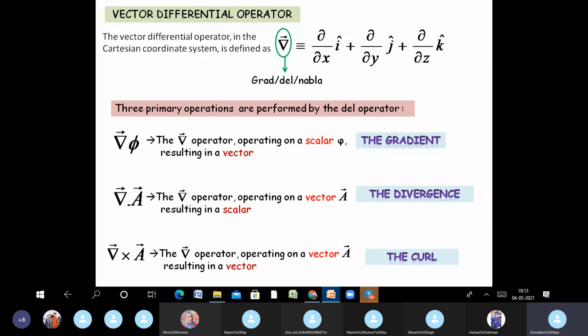One, it can operate on a scalar resulting in a vector called the gradient. On a vector, it can operate in two ways. One, if you take the dot product, you get a scalar, and the result is called the divergence of the vector. And two, you can take its cross product with the vector. The result is also a vector, and we are taking the curl of the vector. So gradient, divergence, and curl.